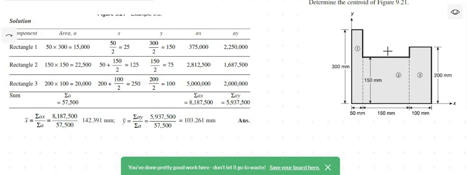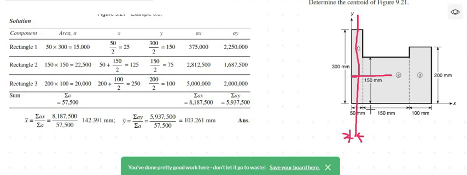If you take this first rectangle, from here to here is your x1. What is the x1 value? 50 by 2. What about x2, from reference axis y to the centroidal axis?